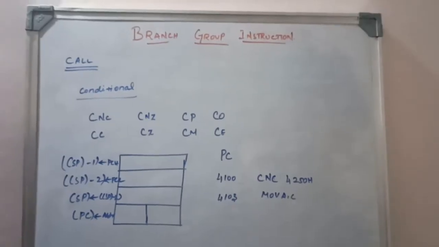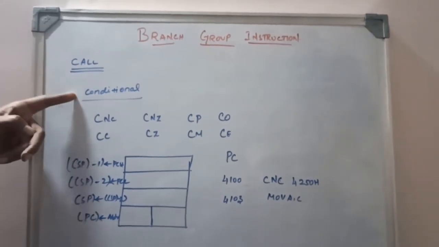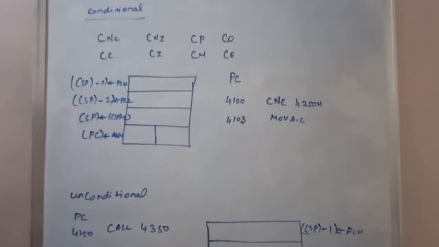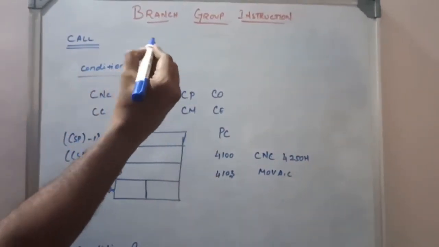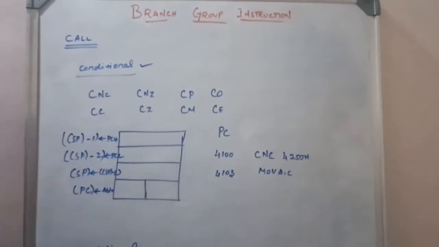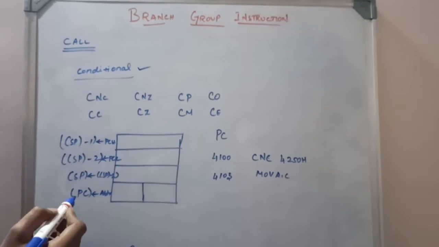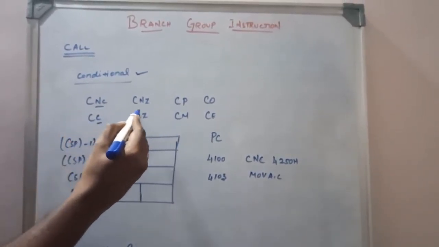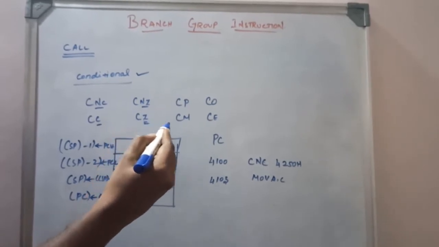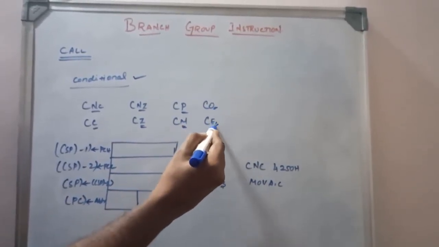Next instruction, the call instruction. The function of the call instruction exists in the conditional group and also the unconditional group. In the conditional group, here also you can check the status of the flag register. So call on no carry, carry, non-zero, zero, positive value, minus value, on odd parity or even parity.